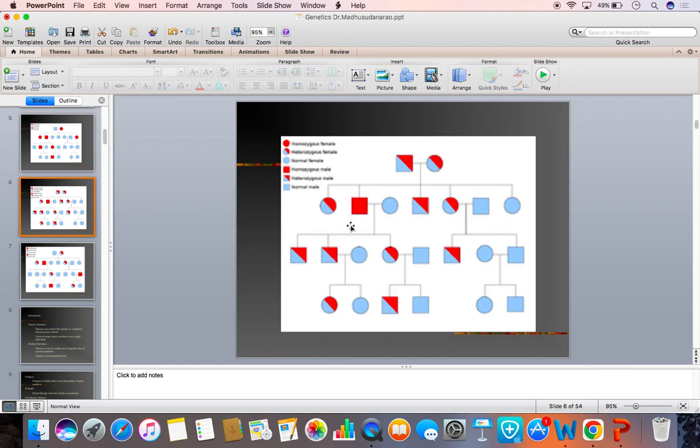Out of 5 children, there is one child who inherited the disorder. Okay? This pattern of inheritance is recessive, autosomal recessive. You remember these slides, then we are going to discuss the features of the various types of inheritance.